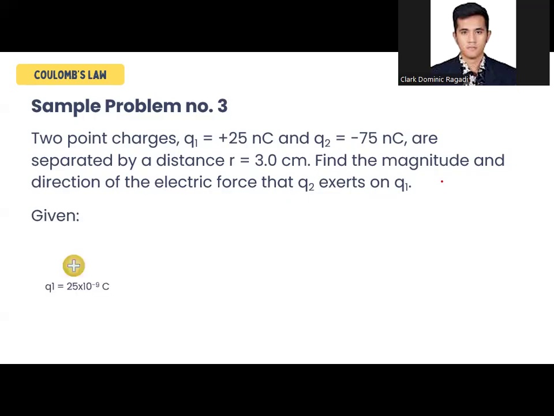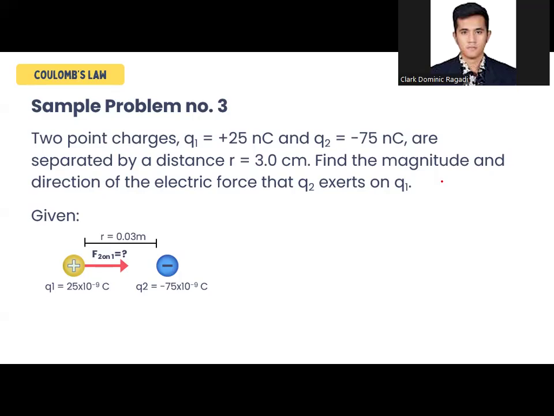Let's start by illustrating the given. We have charge 1, 25 times 10 to the power of negative 9 coulomb, and charge 2, negative 75 times 10 to the power of negative 9 coulomb. The distance between them is 3 centimeters, which in the metric system is 0.03 meters. We're looking for F2 on 1, the force exerted on charge 1 due to charge 2.